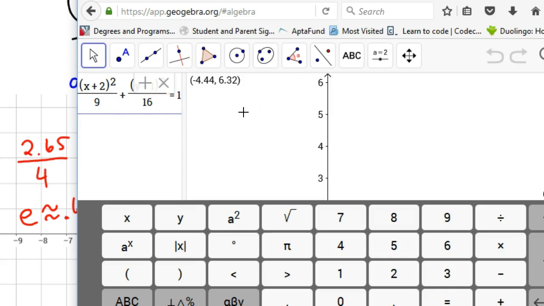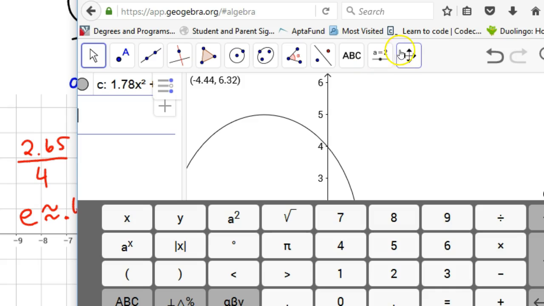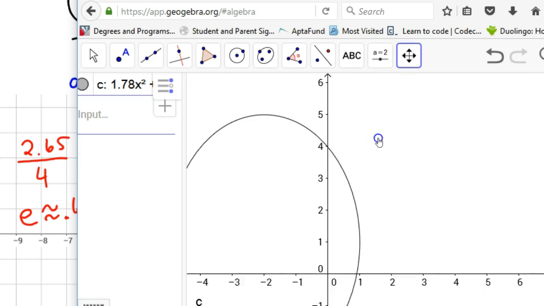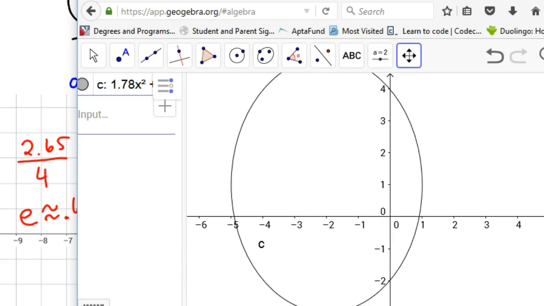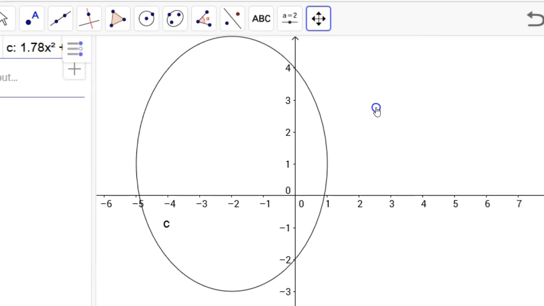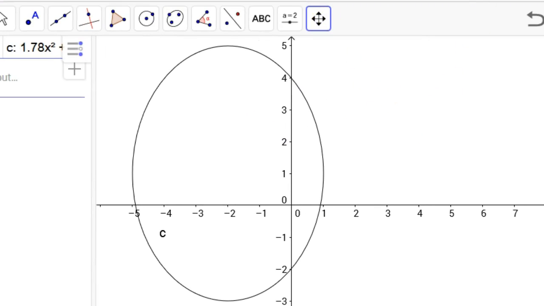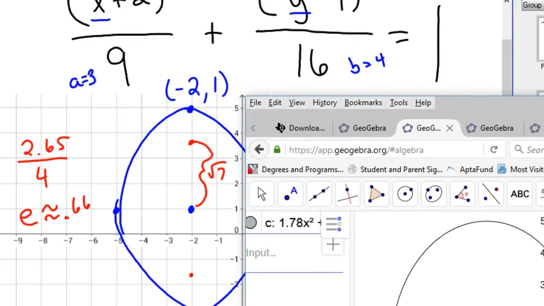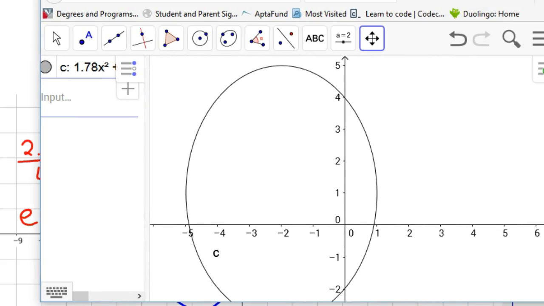If you hit enter, it'll graph it quick. I'll move the graphics view so we can take a look at this thing. And you can see that it's roughly the same thing I had in the other equation. So you can kind of see them both there. Notice it doesn't give you the foci. You'd have to find that on your own. And it doesn't give you the eccentricity.